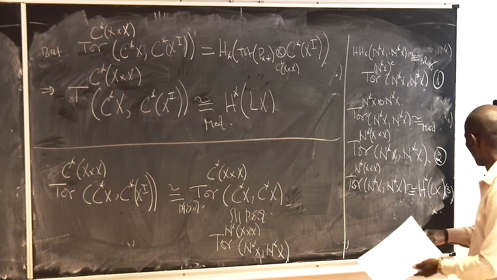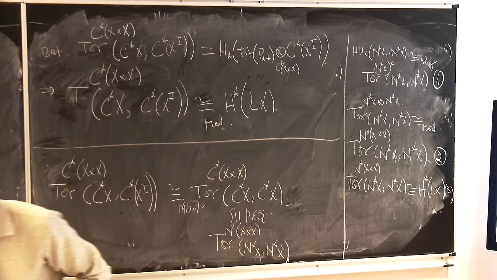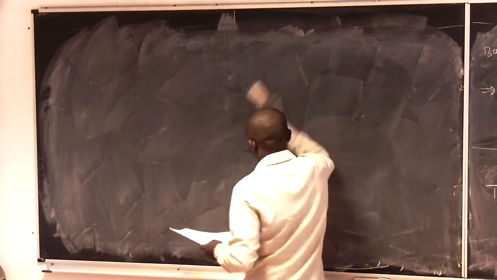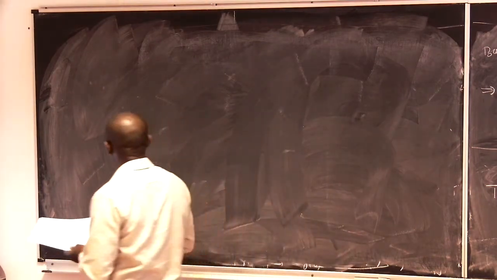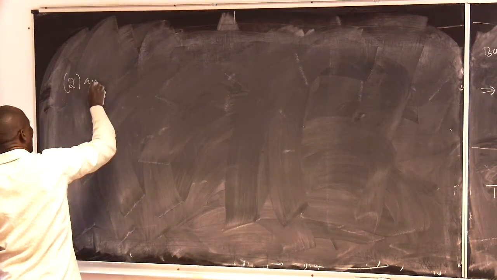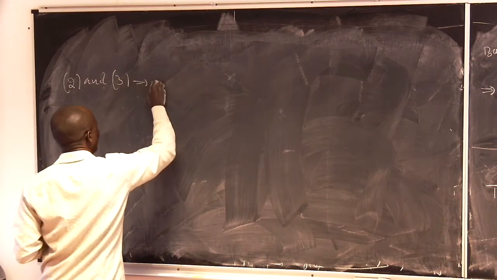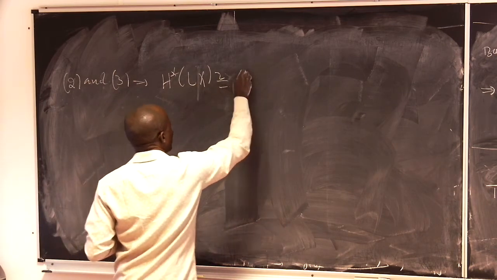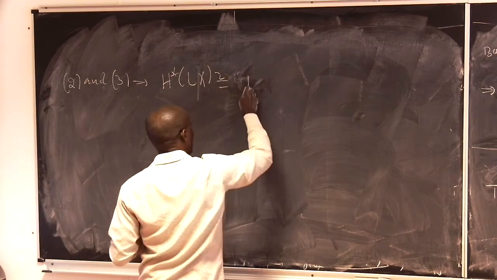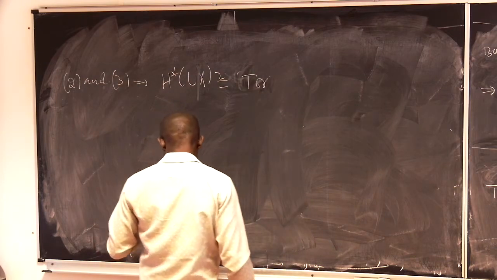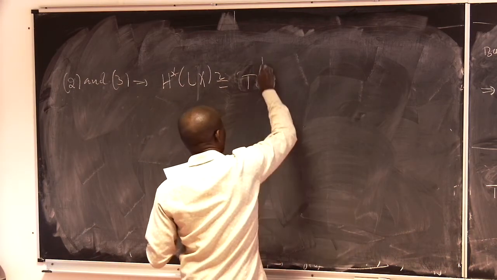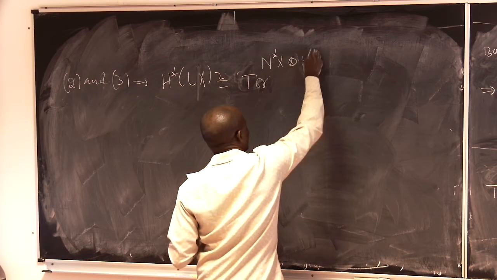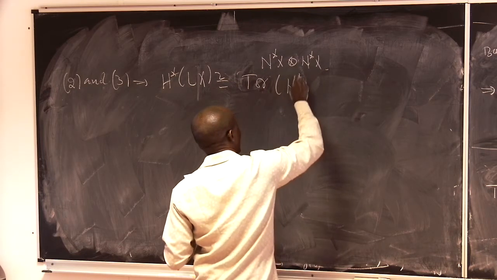With 2 and 3, we have that the free loop space cohomology of X is isomorphic to the tau of Nx cross transfer product Nx, Nx.